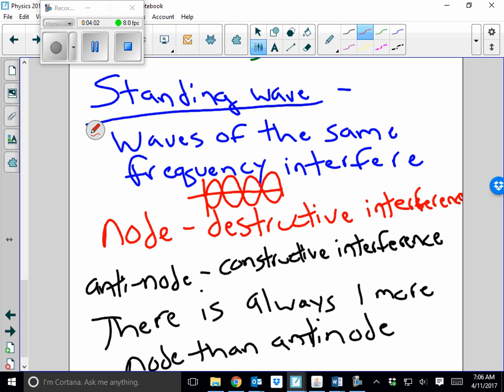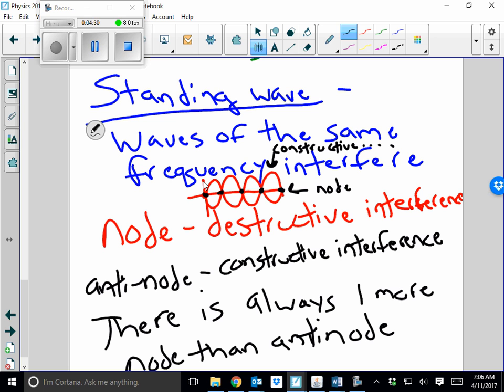So here are two waves that are basically interfering. The nodes are the points where they perfectly cancel out. That's called destructive interference. That is the node. The antinode is constructive interference. So that's the antinode, and that's where they add up.